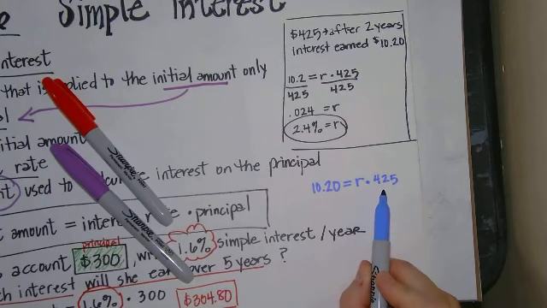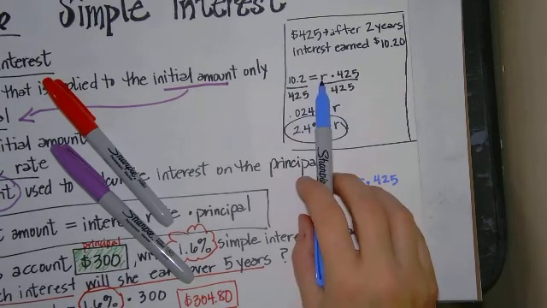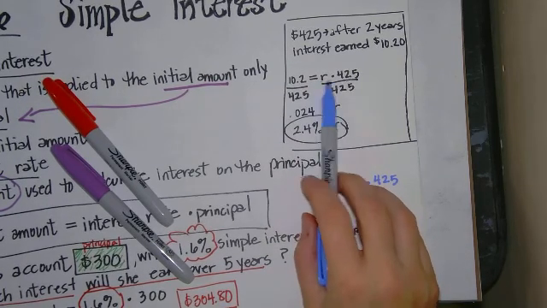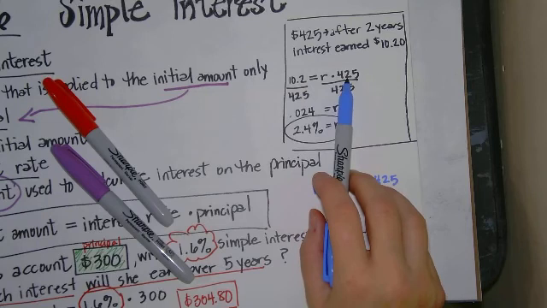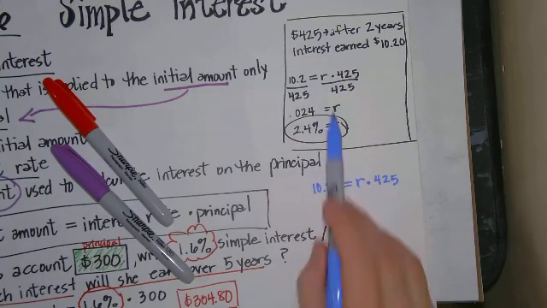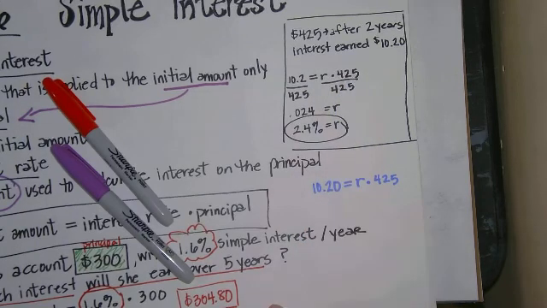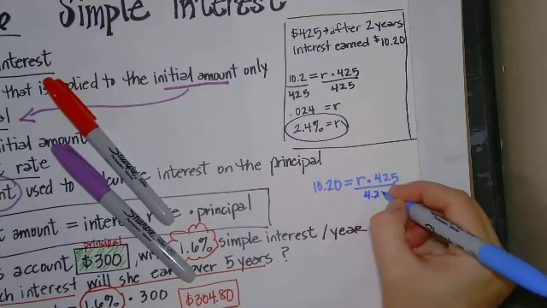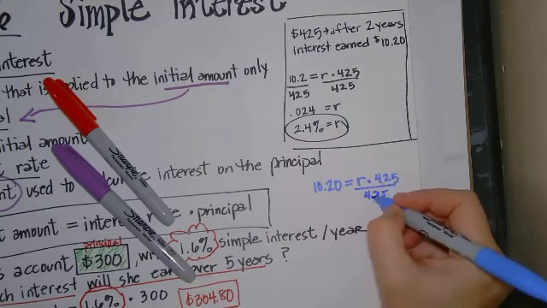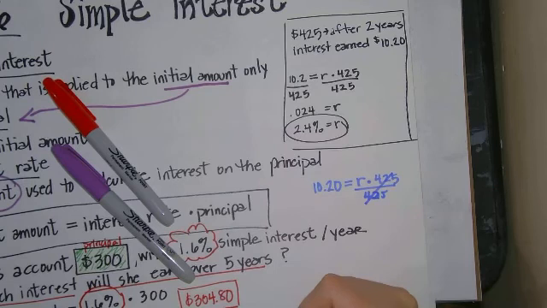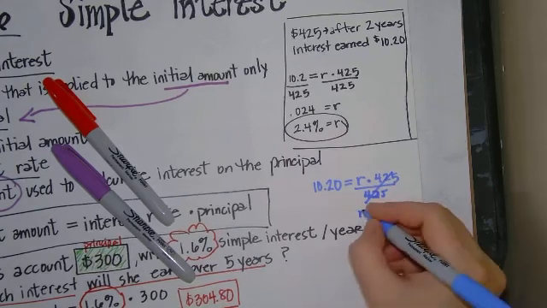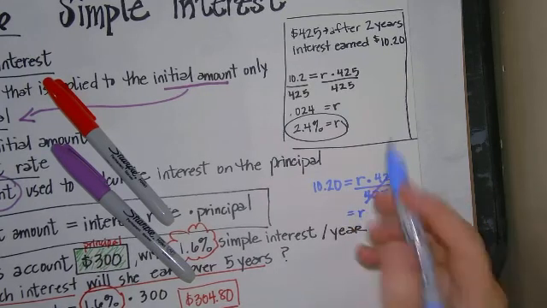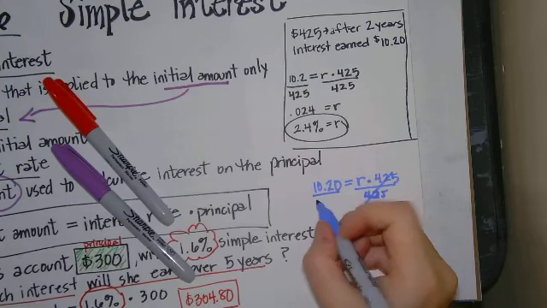We're going to solve this equation just like we've been solving equations. Here we're multiplying our variable times 425. To isolate that variable, we're going to divide by 425. Of course, those cancel each other out essentially. We're left with just 1R.